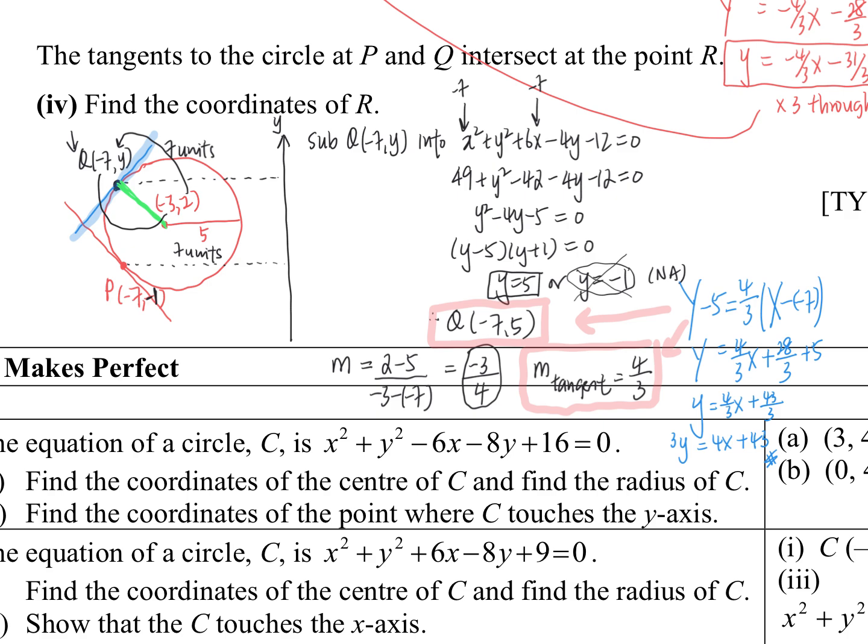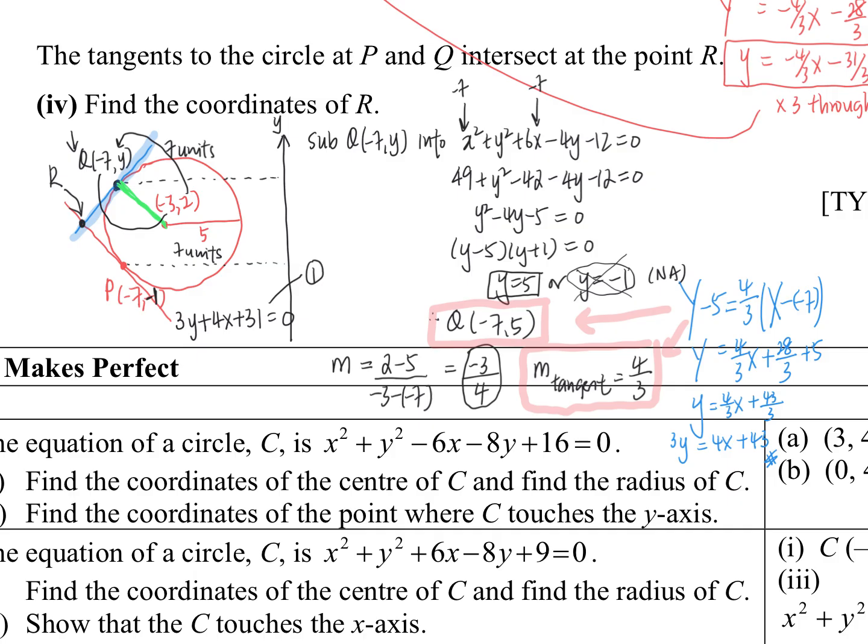Okay, the last part says that these two tangent lines meet at an external point R. So it's just solving simultaneous equations. From the two equations that you have found, earlier on you had this equation, which is 3y plus 4x plus 31 equals 0. We call this equation 1.